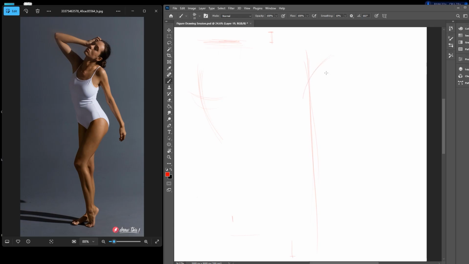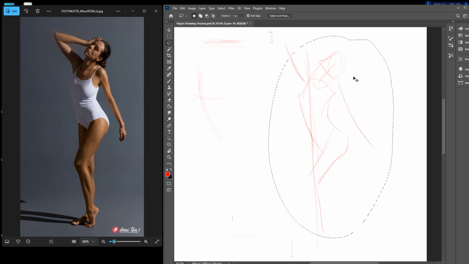Then I can just stick out the head like in the figure. Just like this.